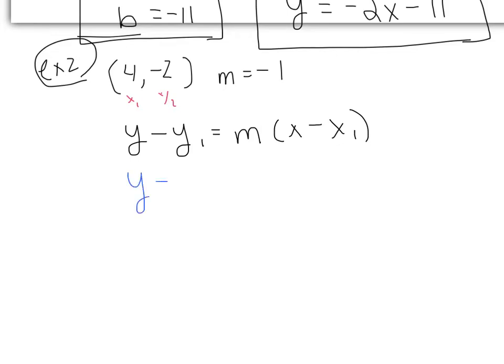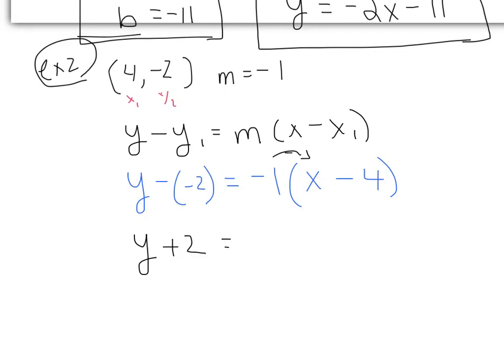y minus y1, which is -2, equals the slope, -1, times x minus 4. Now I'm just going to rewrite the left side so that it's y plus 2, right? Because minus a negative 2 is the same thing as saying plus 2. And then I'm going to distribute the -1 to my x minus 4, so I'm going to have -x plus 4.